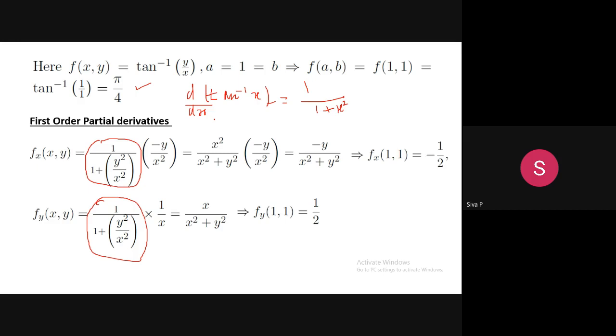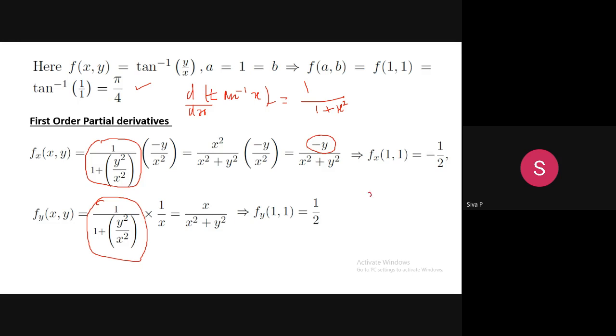Wait, I will see that. Here you are asking, just wait. So here minus y is there, so 1 by x square plus y square is there. Okay, so we can do one thing.